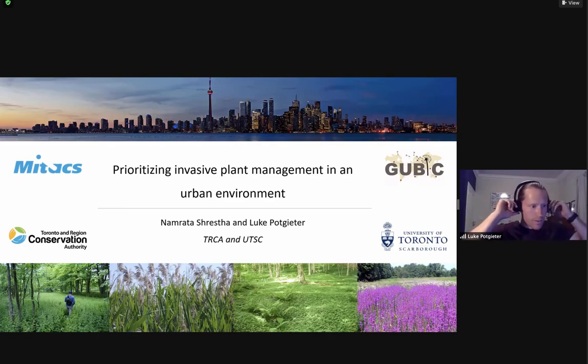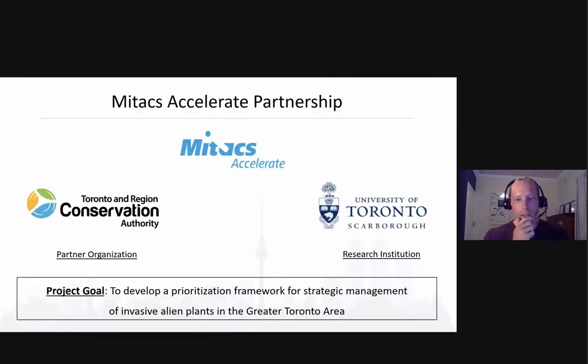Okay, so hi everyone. I'll just be walking through a prioritization framework / tool that we developed in consultation or collaboration with Toronto and Region Conservation Authority. It was a collaboration facilitated through an organization called Mitacs Accelerate, which funds this connection between university institutions and conservation agencies.